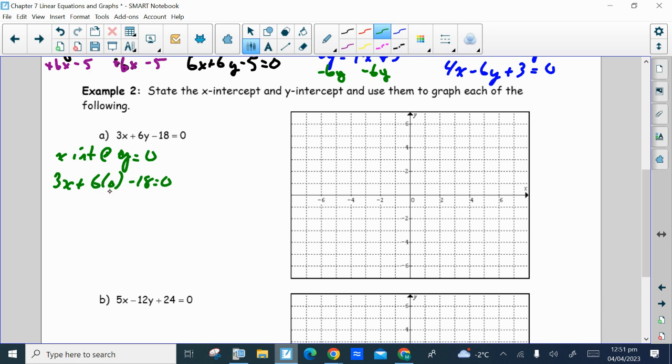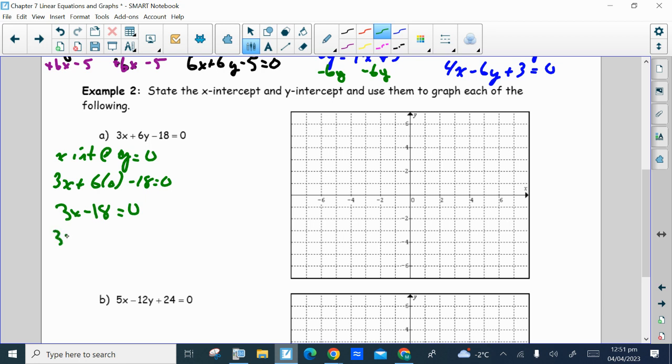6 times 0 is 0. That term disappears. You're going to get 3x plus 0, which is just 3x. So when you let y equal 0, that term disappears, because 6 times 0 is 0, and 3x plus 0 is still the 3x.